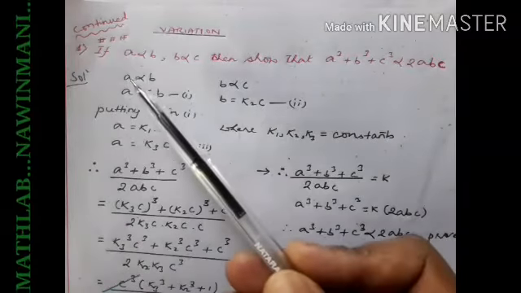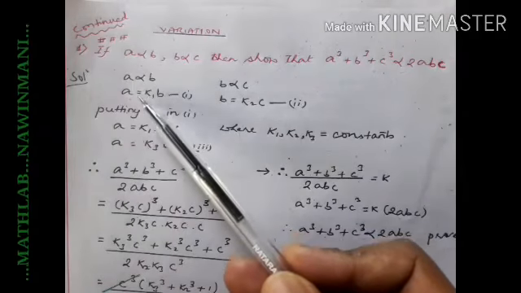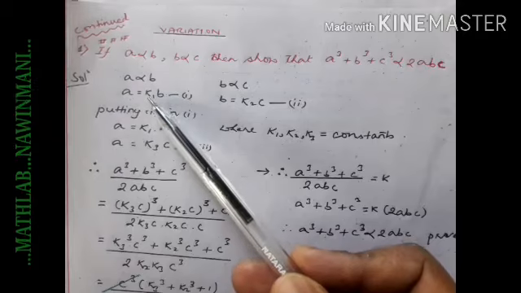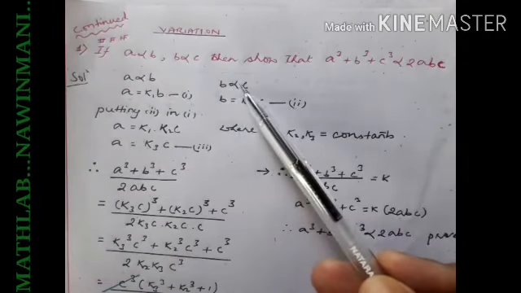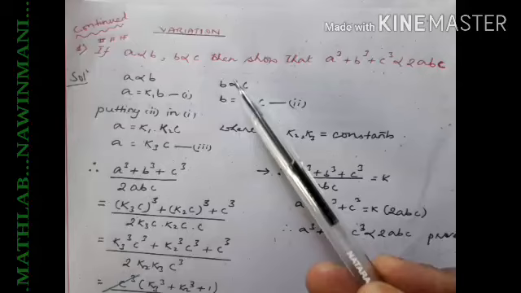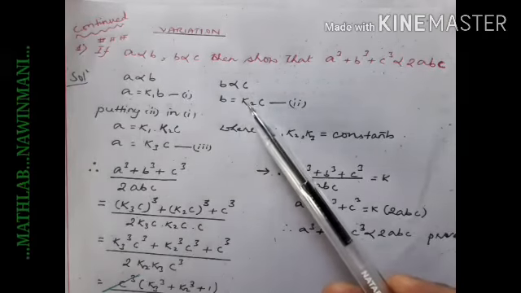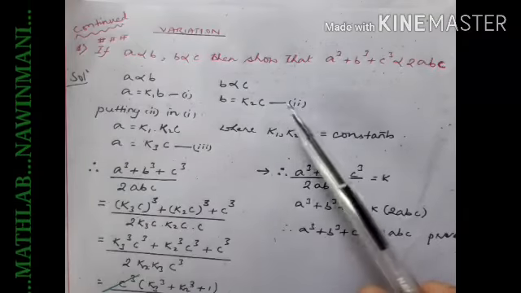Check it. A directly varies with B, so I will remove this variation symbol, replace it with is equal to, and introduce one constant k1. Okay, that you know. B directly varies with C, given, remove the variation symbol, introduce one constant. Then what you do, put this 2 in 1.